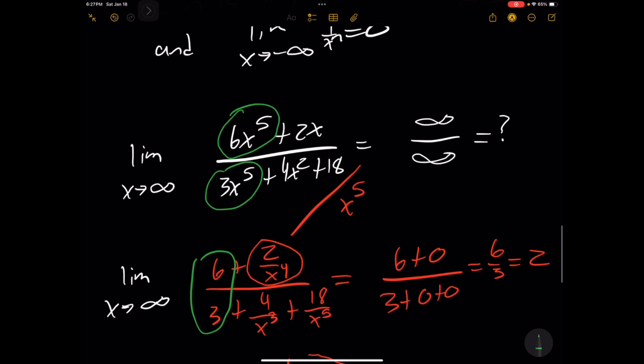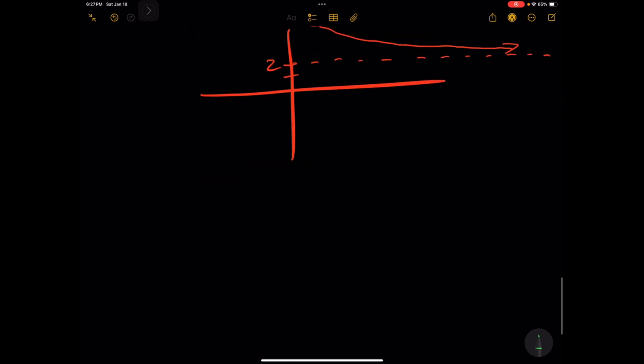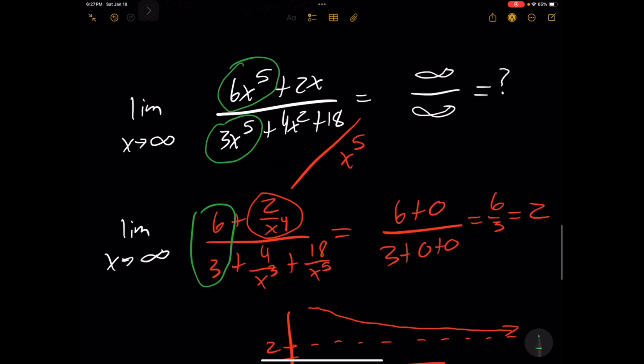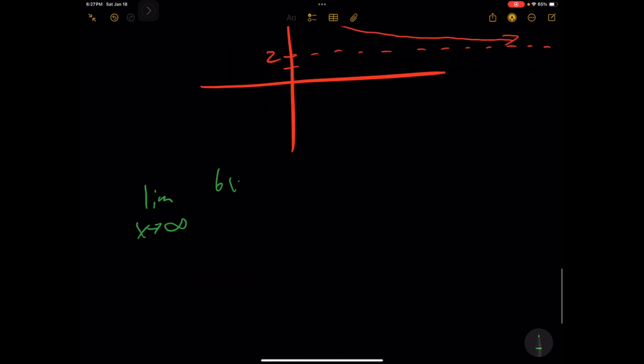So we could have just solved this problem by looking at the limit as x goes to infinity of 6x to the 5th over 3x to the 5th, and it would have been the same limit. And we call these auxiliary functions. And we can always use auxiliary functions to better understand our problems.